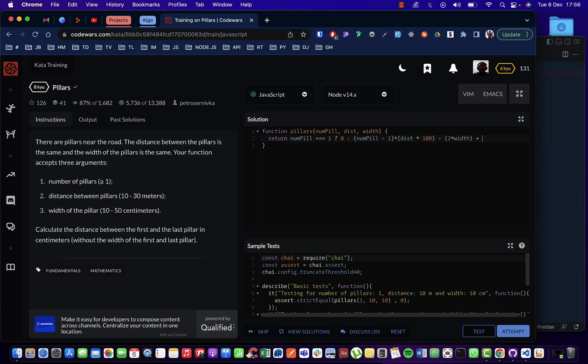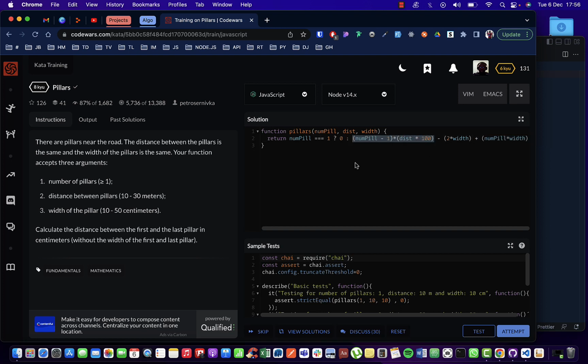What I mean is that if we put num_pil in this case and times the width here, just like that. So what we've done here is that we have 3 pillars, so num_pil is 3 and the width is the width of the pillars. So we have taken the width of the 3 pillars like this, and we are adding it now to the distance between the pillars, right?